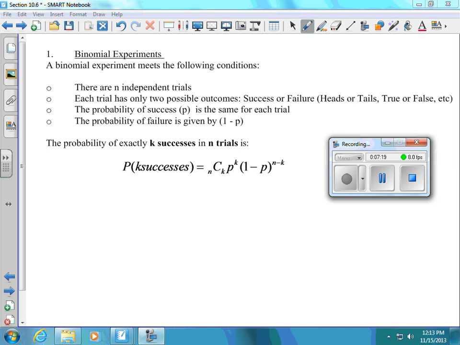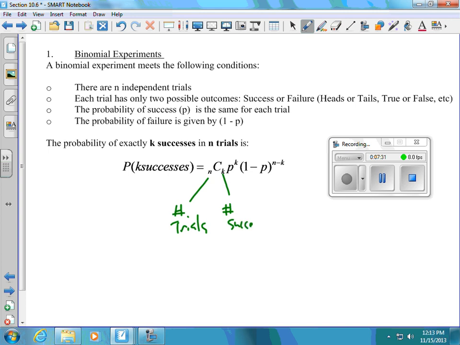So N is the number of trials in your experiment. K is the number of successes. P is the probability of success.